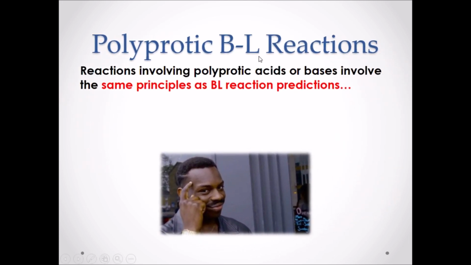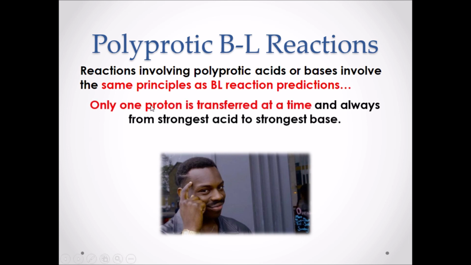Polyprotic Bronsted-Lowry reactions. Reactions involving polyprotic acids and bases involve the same principles as Bronsted-Lowry reaction predictions. So we can use the same theory that we did in lesson AB2.